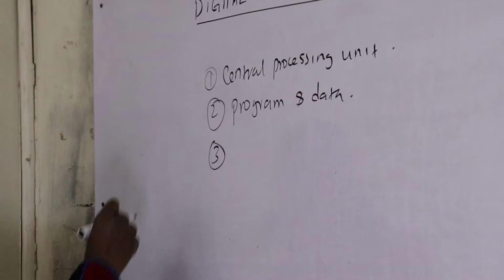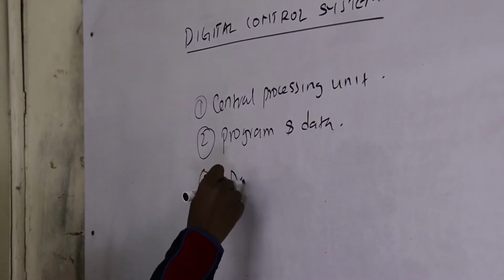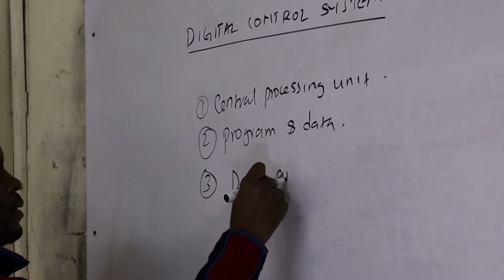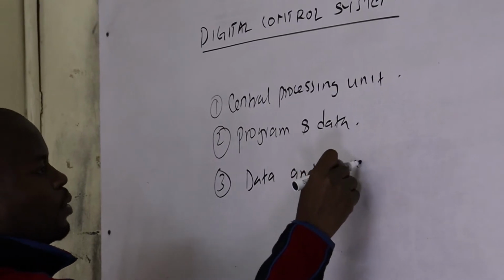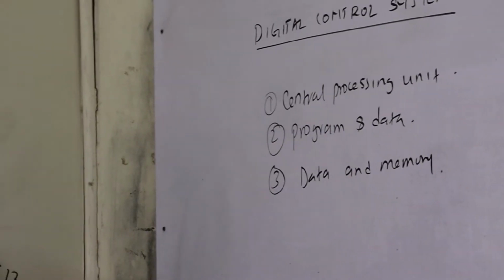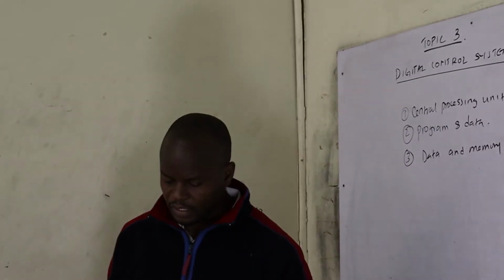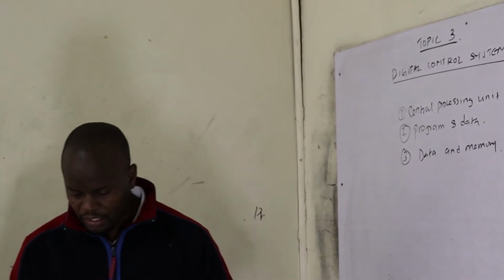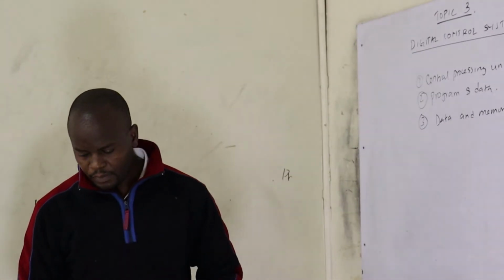And then thirdly, we have what we refer to as the data and memory. Other components that may also be very important are the IOs, that is the input-output system.